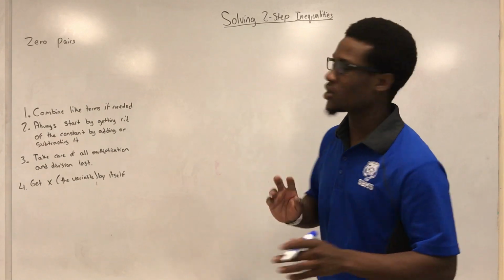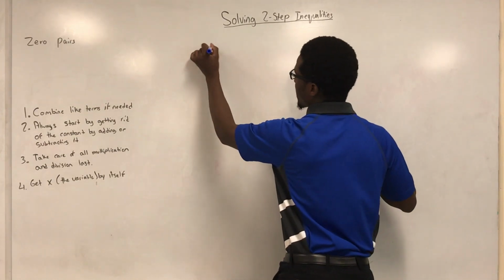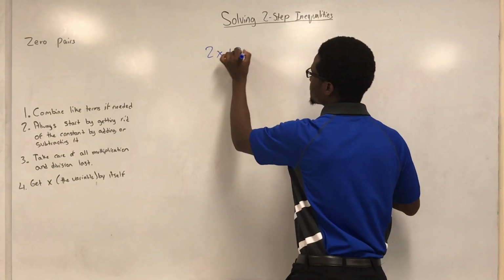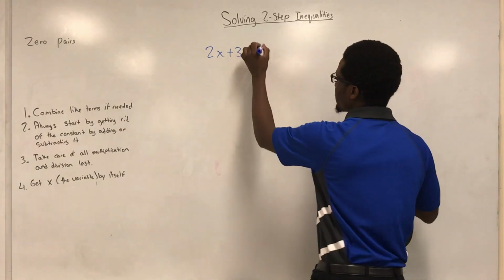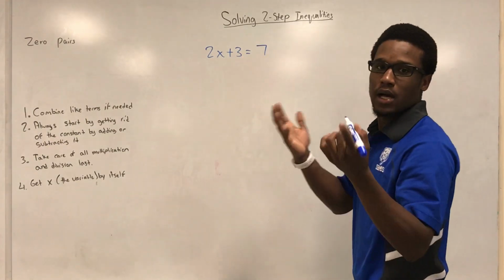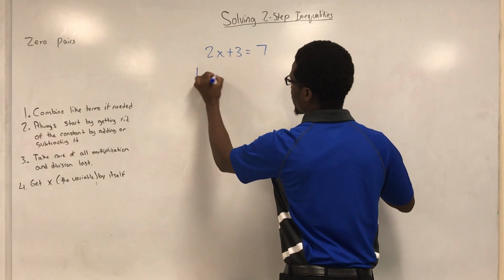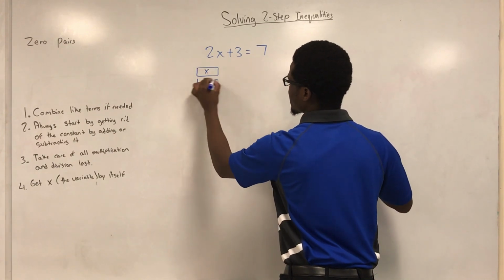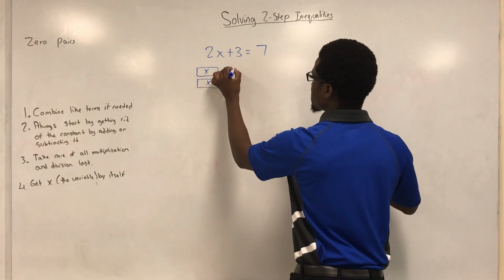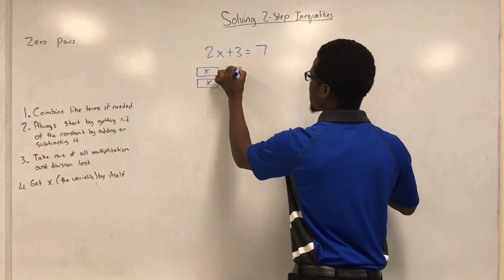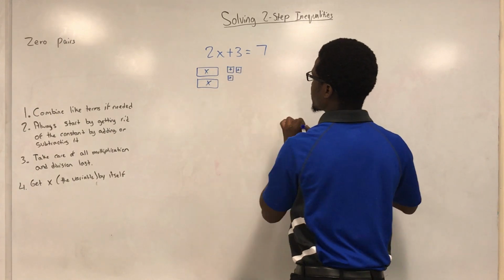So first I'm going to start with a model. Let's say we have 2x plus 3, and we're going to make that equal to 7, okay? So this is how it would look in a model. We have 1x, 2 x's, all right? Plus 3, that's going to be positive, positive, positive, okay?